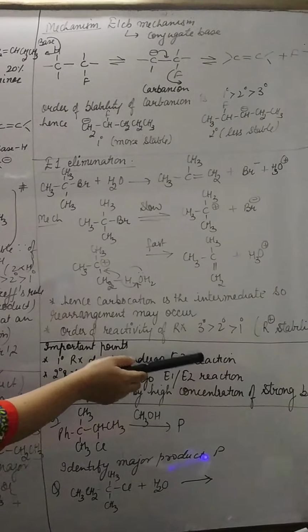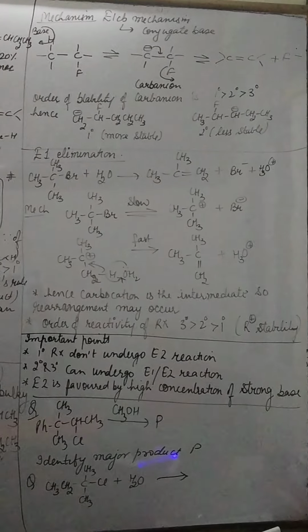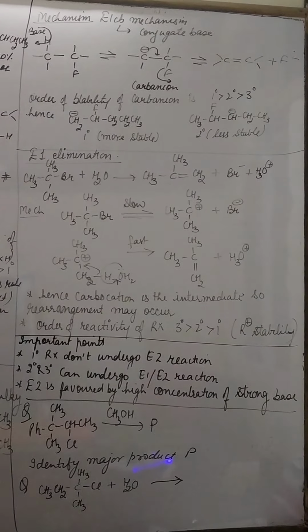So the important point here is how we decide whether the E1 mechanism or the E2 mechanism would be followed. It is obvious that because a carbocation is formed, wherever the carbocation is more stable, in that case E1 elimination would be followed.